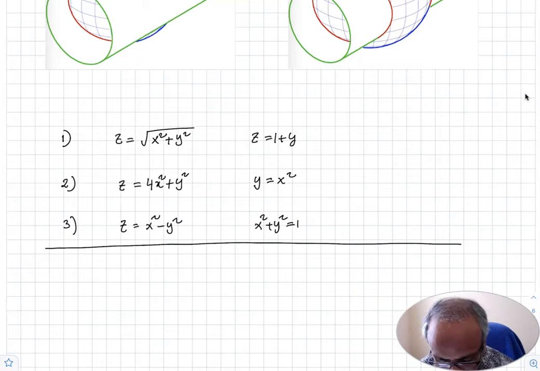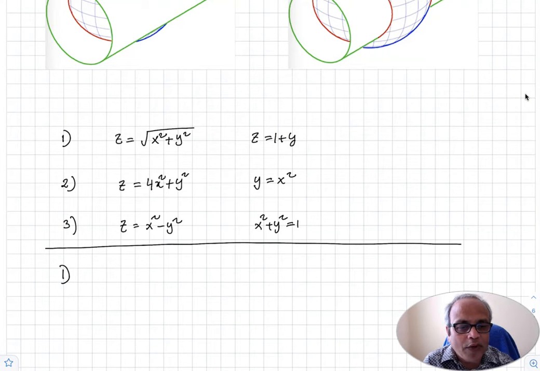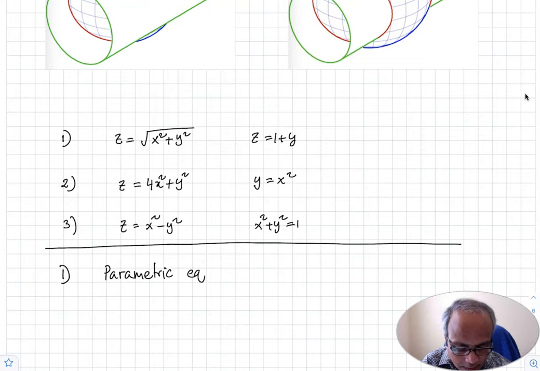Let's look at example 1, and let's recall the form of the parametric equation. It will be expressed in terms of a position vector r, expressed as a function of a parameter, by default t.